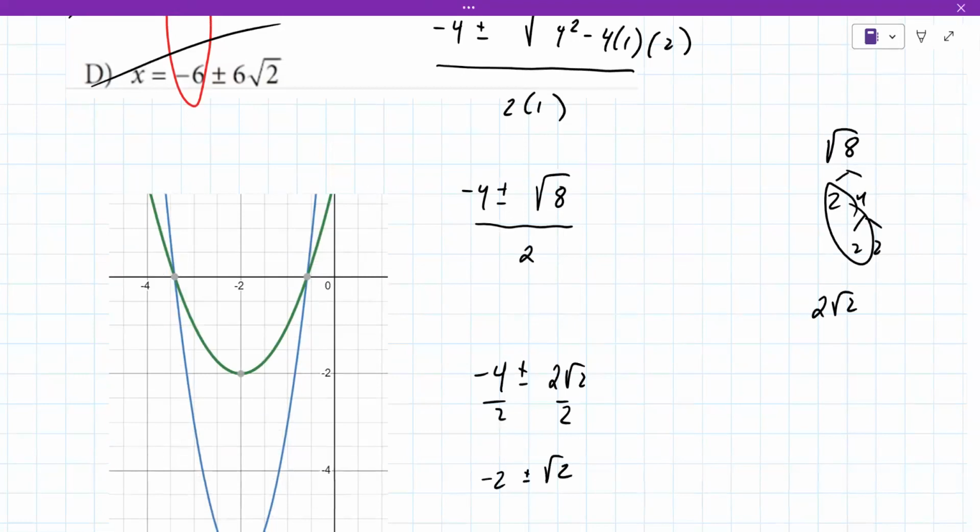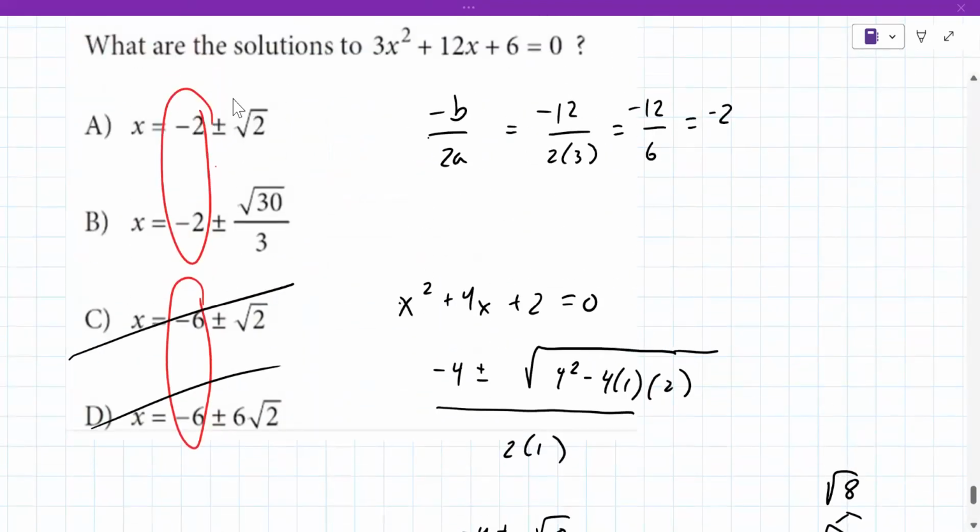That makes sense. So there's the answer. And again, there's always a way to get it down to at least two answers. All right, we're going to go ahead and stop here for today.